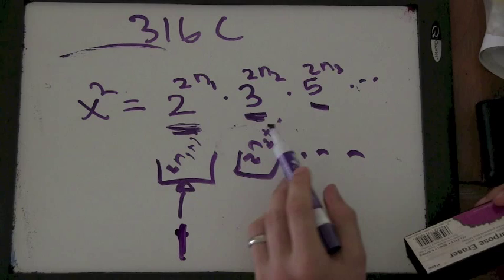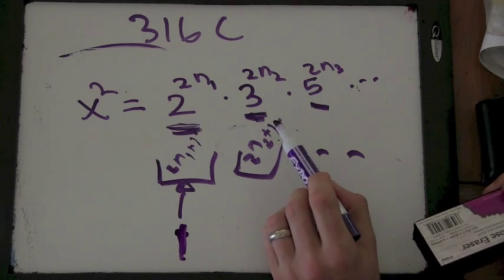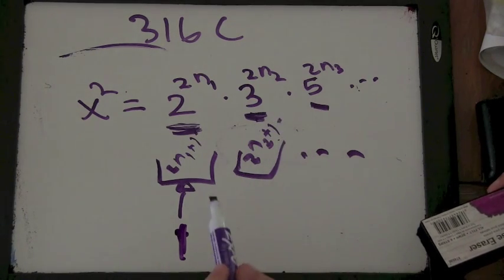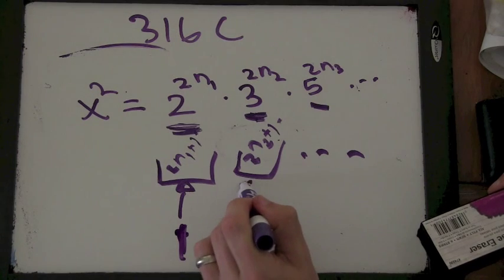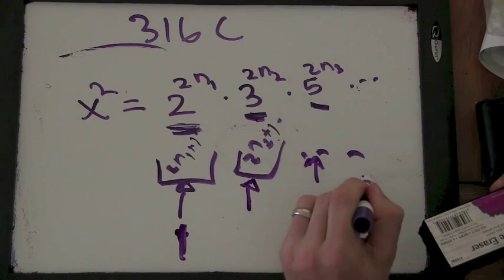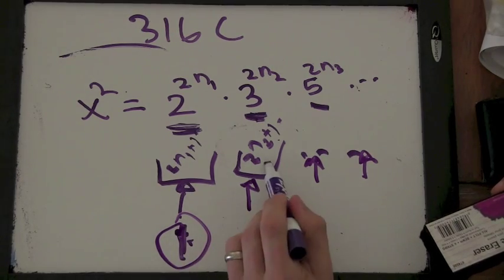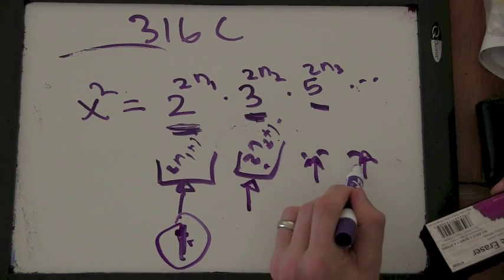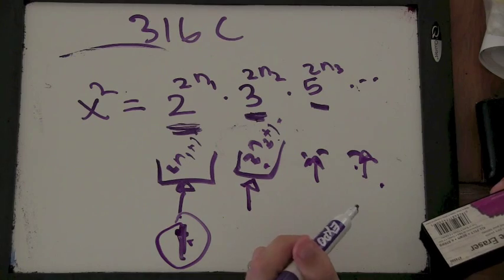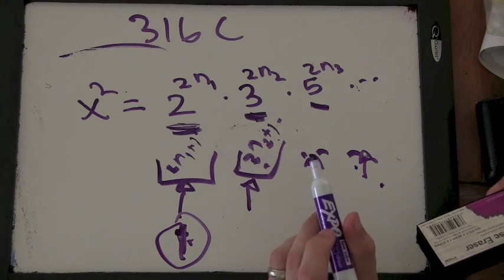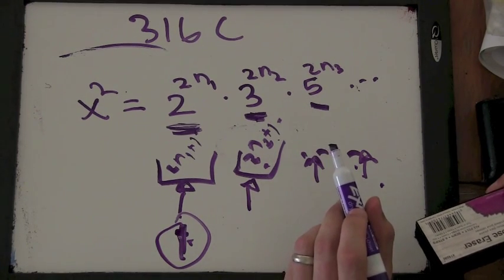How many choices do I have for the 3's? Do I have any restrictions? No, because it's always odd. And the same for the 5's, same for the 7's. So I have one choice for my 2's, 1 times an odd number, times an odd number, times an odd number, times an odd number means, do I have an even number of odd numbers or an odd number of odd numbers?